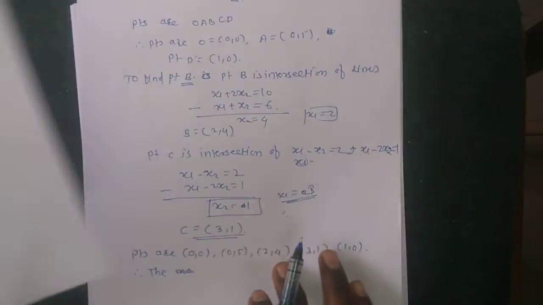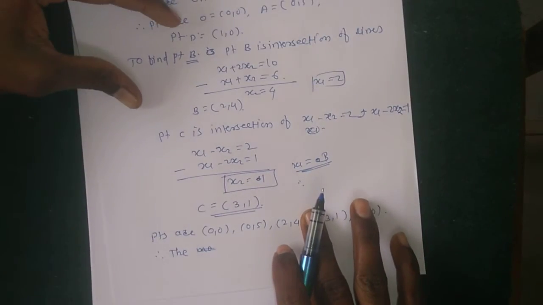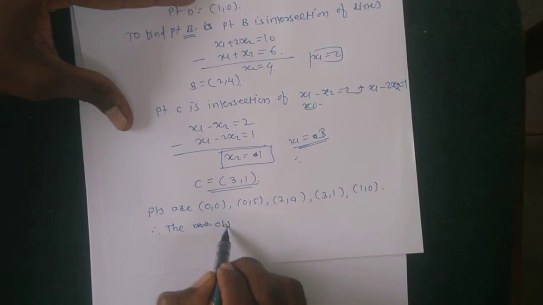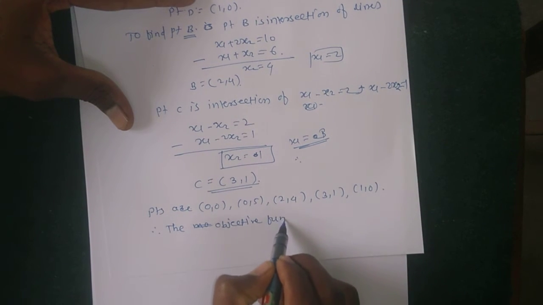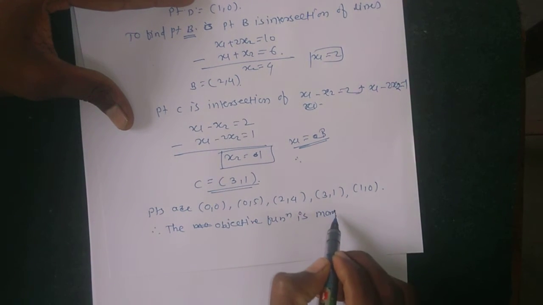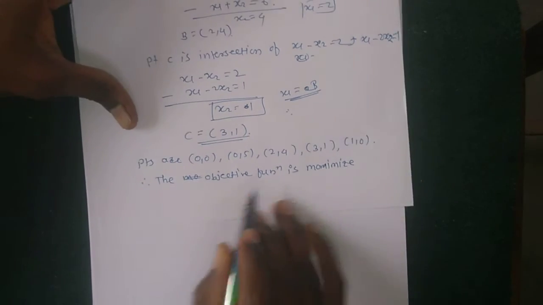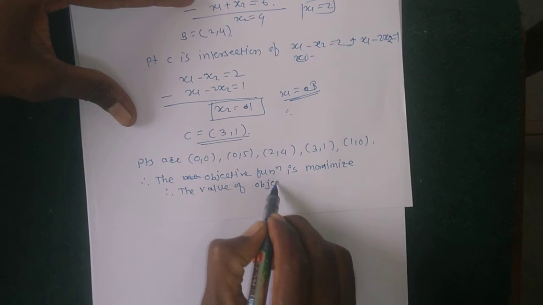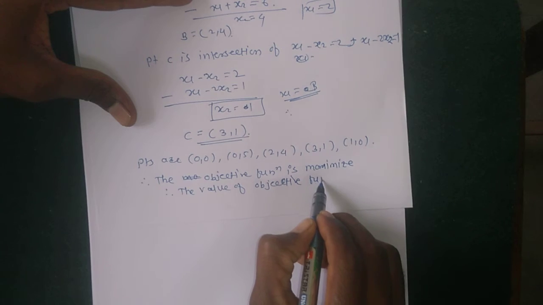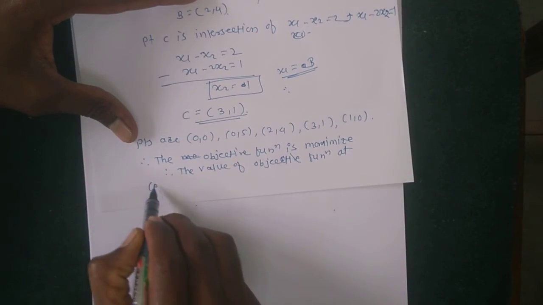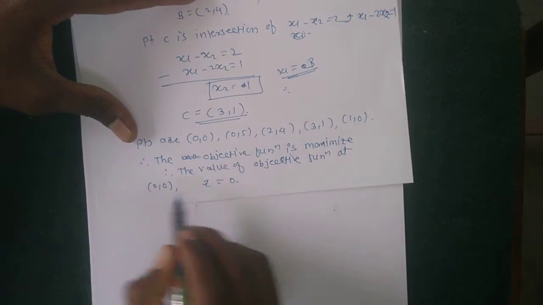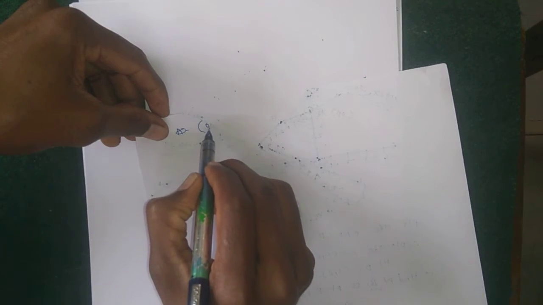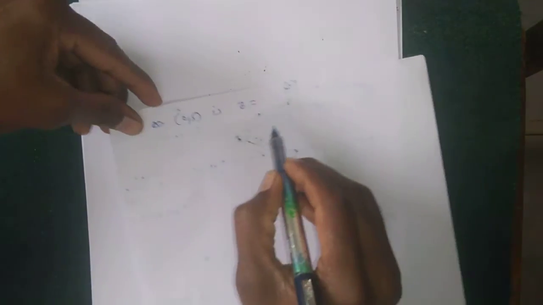The objective function is maximize type, and therefore we find the value of the objective function at each point. At the first point (0, 0), the value of z is 0. At the second point A, (0, 5), we find the value of z.